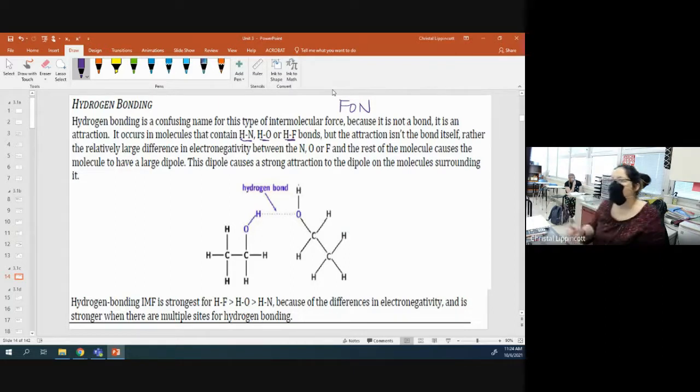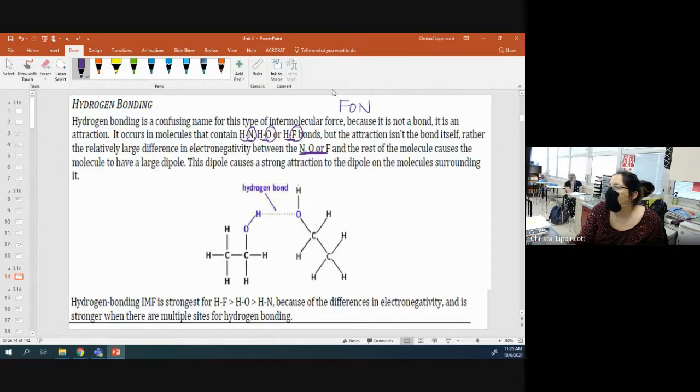Okay, now why does that work? Why is that the way it is? Well, remember, nitrogen, oxygen, and fluorine are the 3 most electronegative elements out there. Hydrogen only has 1 electron, and these guys end up being electron hogs. They essentially say, hey, hydrogen, you've got an extra electron. I want that. And that electron spends more of its time on this end of the molecule than it does over here.